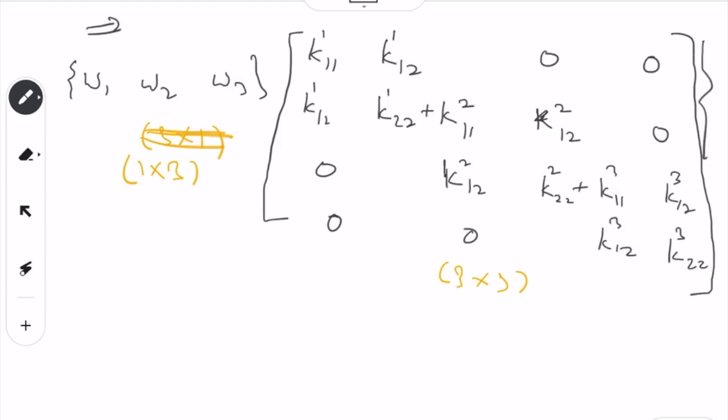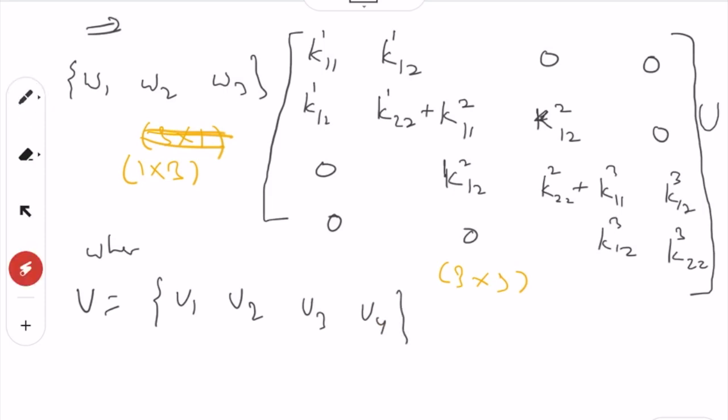Let us call this one u, and write u here, where u equals u1, u2, u3, u4. Now I realize this is not 3 by 3 but 4 by 4, and here it should also be 1 by 4 only.